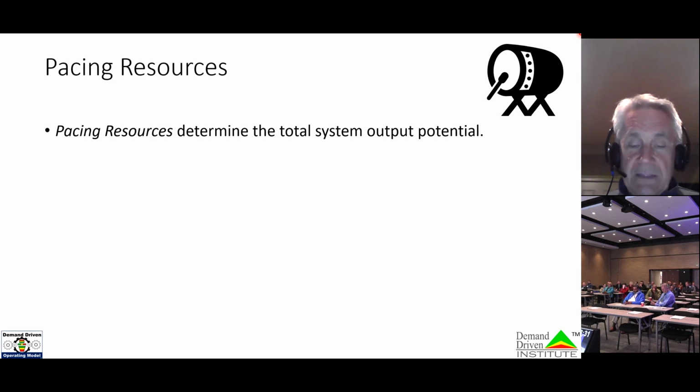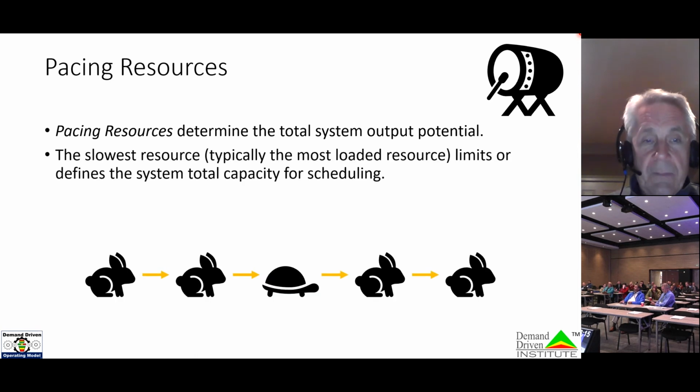So these are the pacing resources, and if we don't manage them correctly, we can stand to see some very unfortunate impacts. Because if it is truly the pacing resource, time lost on that resource is time lost to the entire system. So we're going to manage those in a very, very careful way.